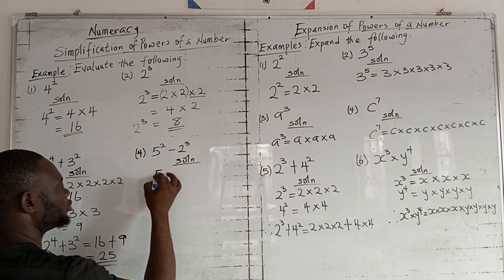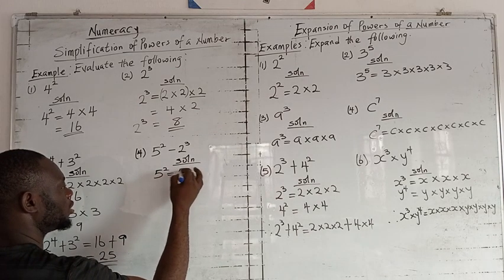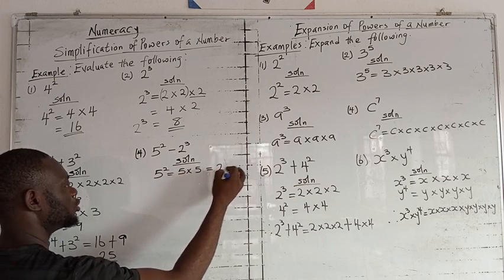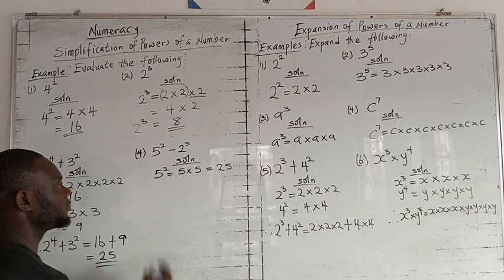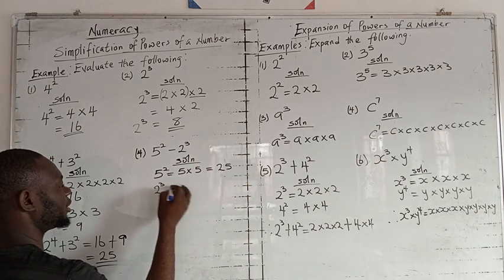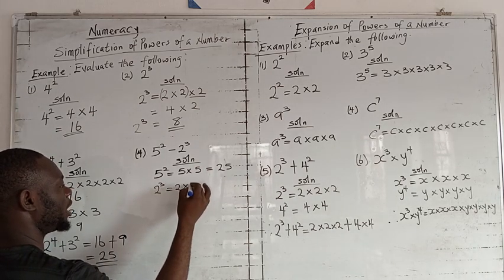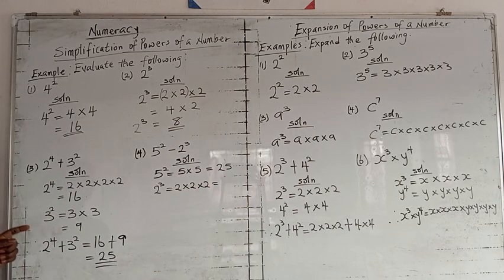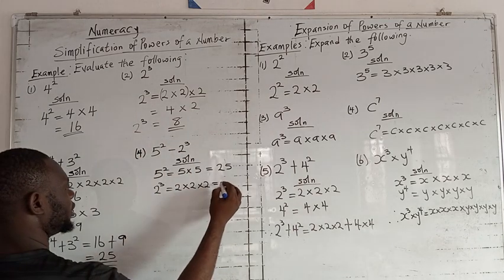So 5 to the power 2 equals what? 5 times 5. And 5 times 5 is what? 25. 2 to the power of 3 is what? 2 times 2 times 2, 2 in 3 places. And 2 in 3 places is what? We've solved it here. 8.